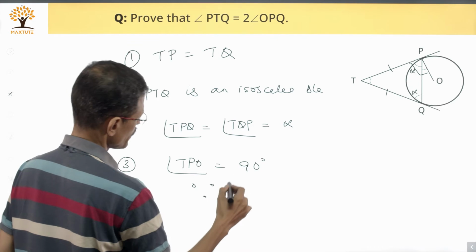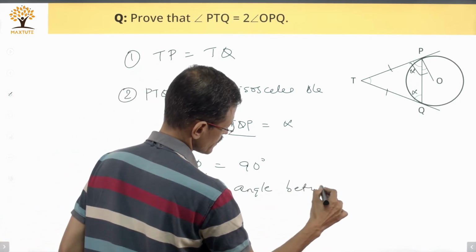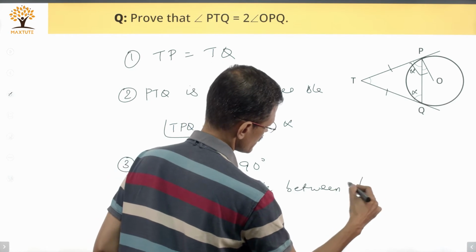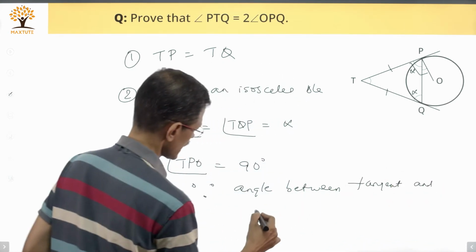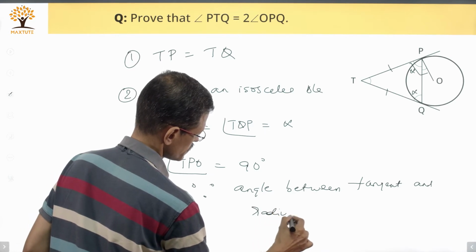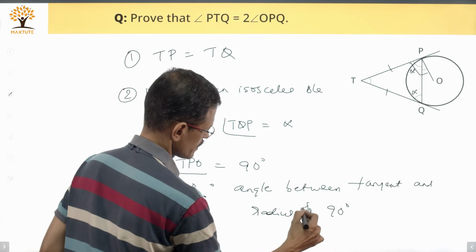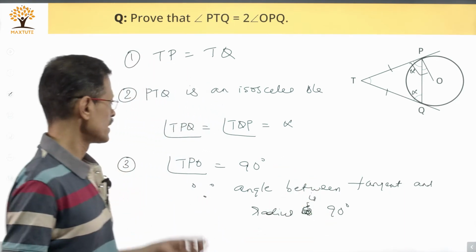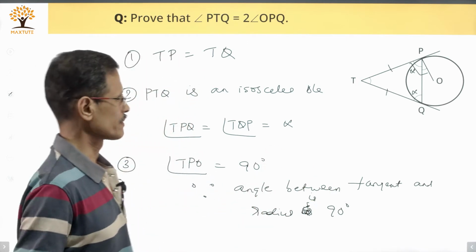Because the angle between tangent and radius is a right angle, is 90 degrees. That is good enough, right? Why is it? Because the angle between the radius and the tangent is 90 degrees, right?